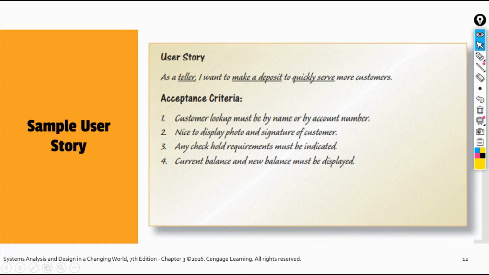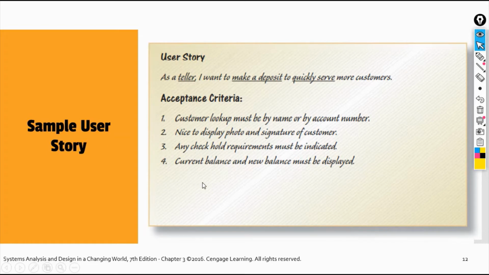For a bank teller making a deposit, the acceptance criteria are: the customer lookup must be by name or by account number. It should be nice to display the photo and signature of the customer. Any check hold requirements must be indicated. Current balance and new balance must be displayed.